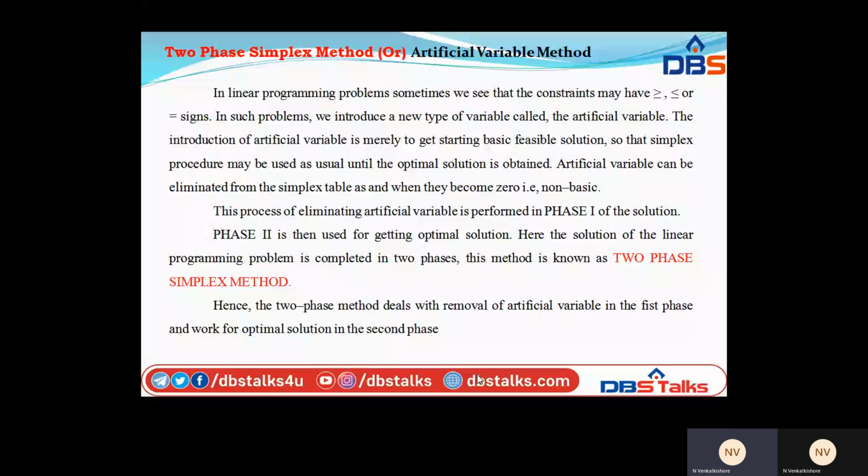At the same time, the objective function in phase 2 will be the original one given in the problem, introduced in the final table of phase 1, and the objective function is optimized. So let us take the problem.